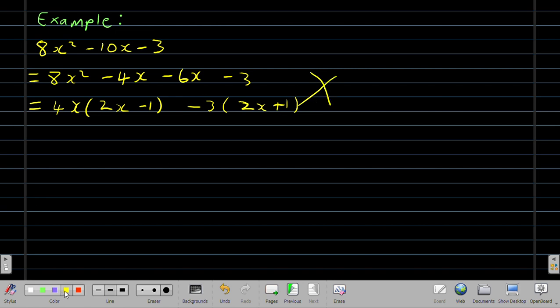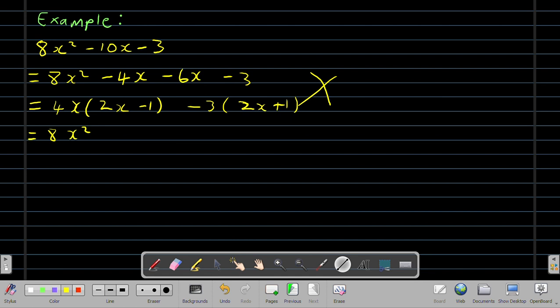So even though I kind of promised that we won't do trial and error, you might be forced to do a little bit of trial and error. So I'm going to choose another breakup. So let me just isolate this right here.